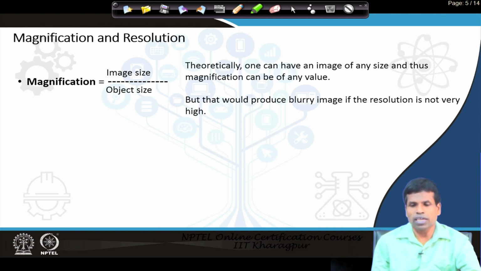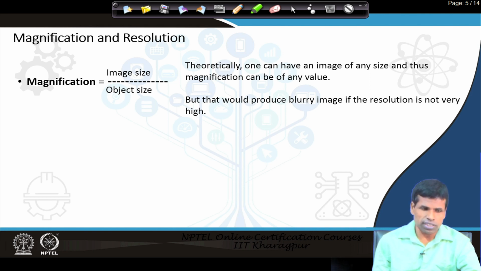Theoretically, one can have an image of any size, and thus magnification can be of any value. But increasing the magnification to any extent would produce a blurry image if the resolution is not good enough. So, just increasing the magnification, if the resolution is not good, will not be enough.